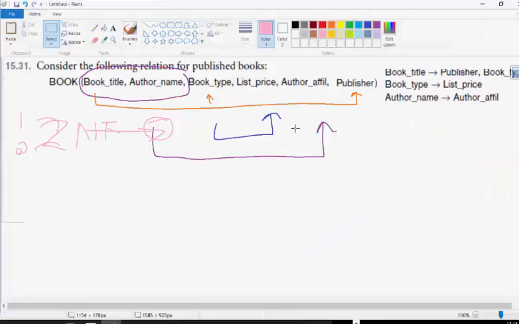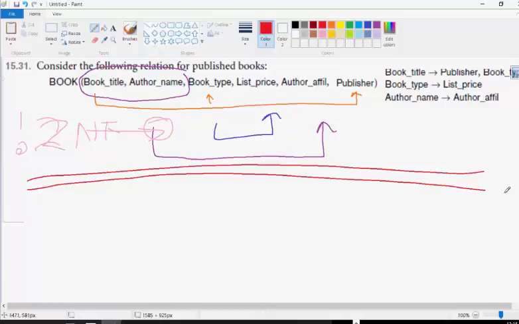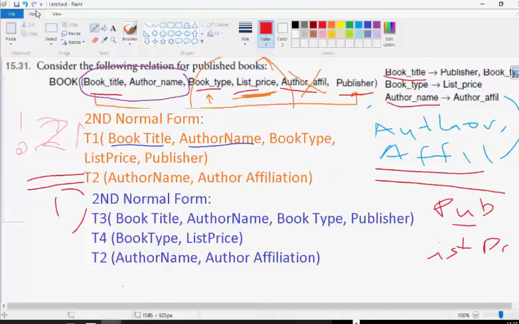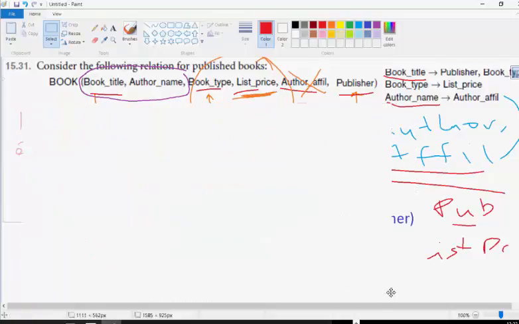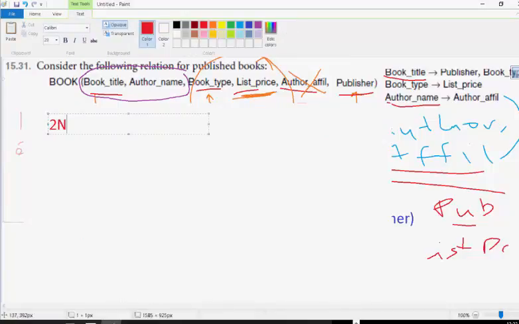So, to get to second normal form, let's fix this right now before we go. So in second normal form, book title and author name would stay.